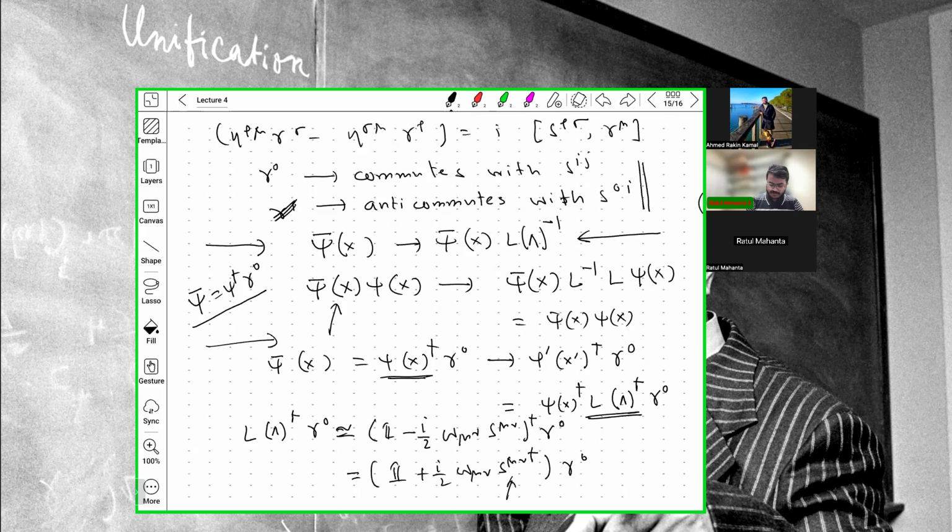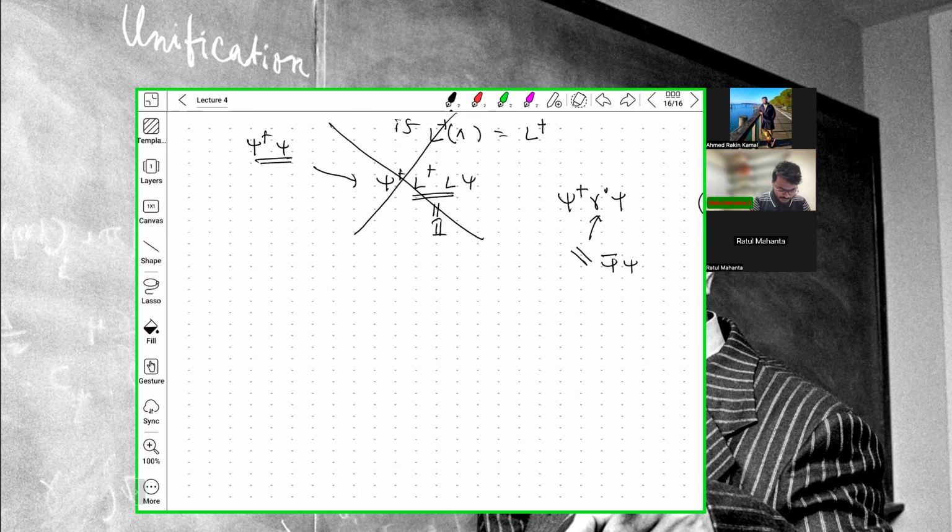So you can plug this in the relation here to see how it transforms. Here I have written omega mu nu, S mu nu dagger.